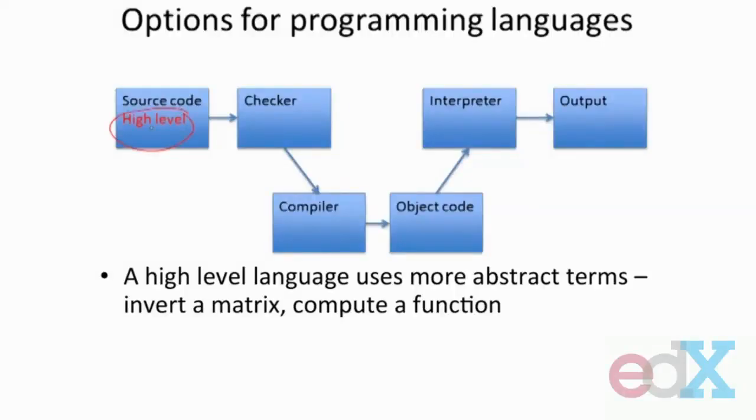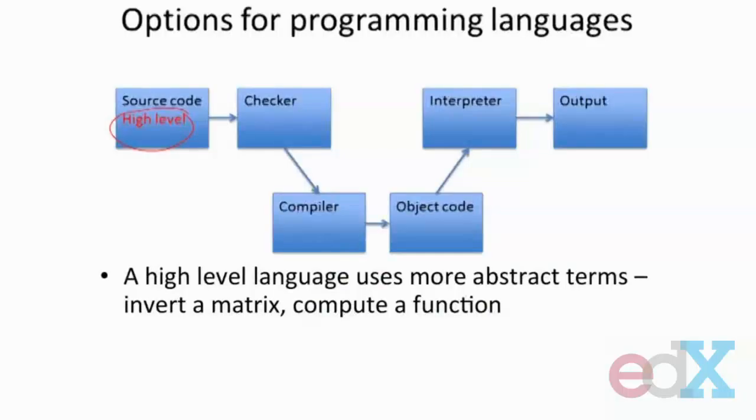And a high-level language uses more abstract kinds of terms. We might want to talk about having the computer think about invert a matrix, compute a function, compare two complex data structures. We'd like to be able to program, if you like, at the level of thinking about higher kinds of abstractions. Now, here, again, we've got a choice.